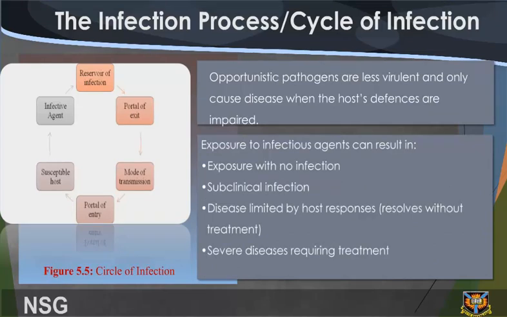Opportunistic pathogens are less virulent and only cause disease when the host defenses are impaired. Exposure to infectious agents can result in exposure with no infection, subclinical infection, disease limited by host responses that resolves without treatment, or severe disease requiring treatment.